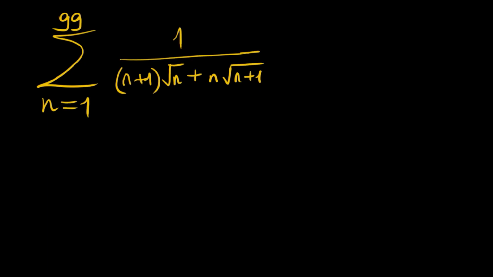We have a sum. We will evaluate the sum of 1 over (n plus 1) times root n plus n times root (n plus 1), from n equals 1 to n equals 99.